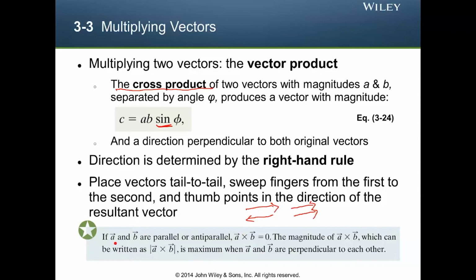If A and B are parallel or anti-parallel, A cross B equals 0. There's 0 degrees of separation, so it's sine of 0, and the whole thing equals 0. And same thing, it's a max when it's perpendicular. So when you have 90 degrees between them, sine 90 is equal to 1.